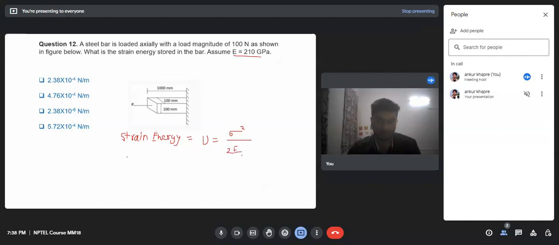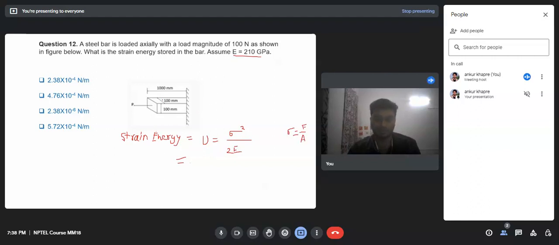Okay, and for strain energy, the sigma value, what is given is 100 newton. The steel bar is loaded axially with a load magnitude of 100 newton. So sigma is what? Force upon area.